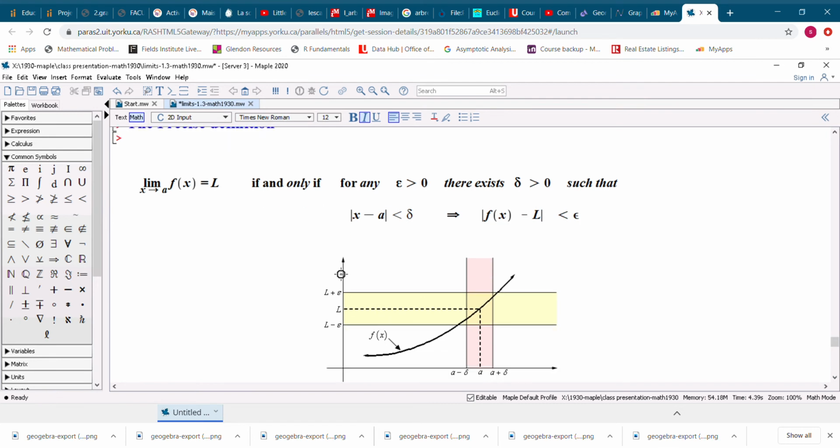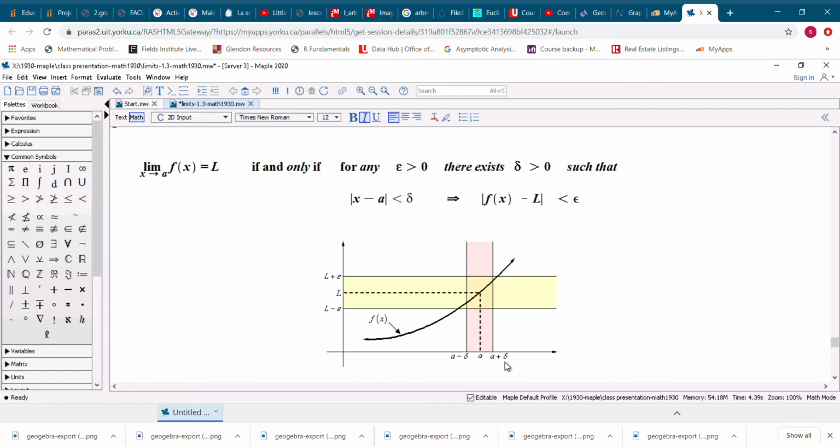We will say that a function approaches value L if, whenever we are close to L, very close, we should be able to find a small interval around A, so that all the x's inside this interval take the f(x) remaining in an interval around L of size 2 epsilon.